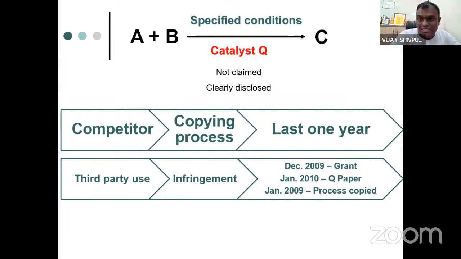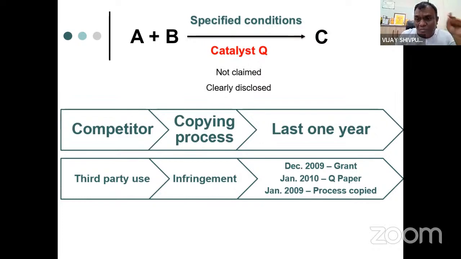In any case, whether the competitor uses catalyst Q or not is irrelevant here. Whatever they do, their process is infringing, and the burden of proof would be on them. It would be very difficult to show non-infringement, because based on our understanding of the invention, definitely it is infringing.